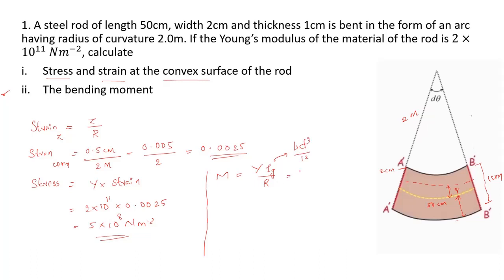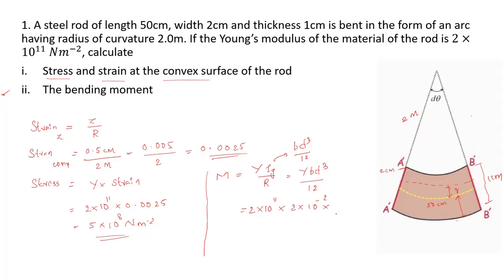Therefore, this equation becomes Y into B d cube divided by 12. Substituting, we have Y equal to 2 into 10 to the power 11. Breadth is given as 2 centimeter, so 2 into 10 to the power negative 2 meter.